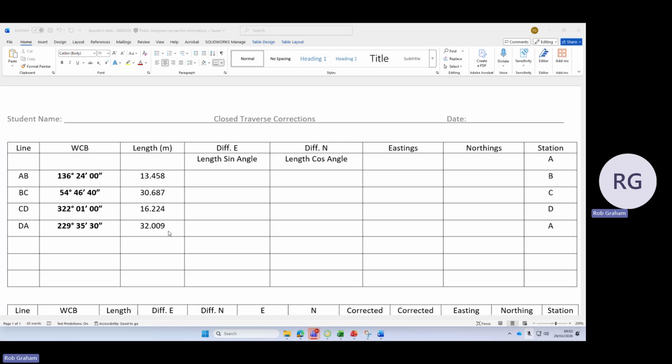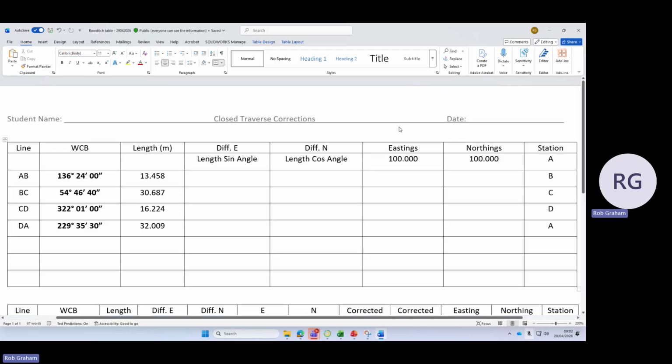Now we have to work out what we call the partial eastings, or the difference in the eastings. But to do that, we have to start with coordinates. So we're going to start and give station A arbitrary coordinates. I normally start with 100.000 eastings and 100.000 northings. That just minimizes the chance of us ever going into negative figures.